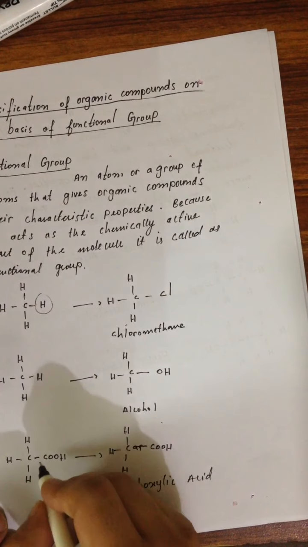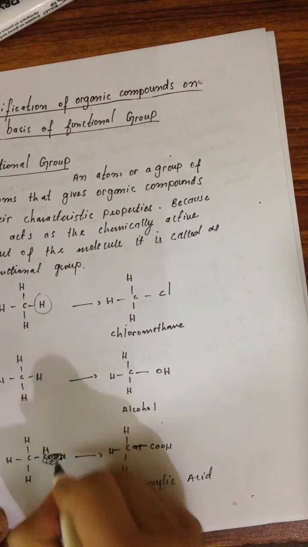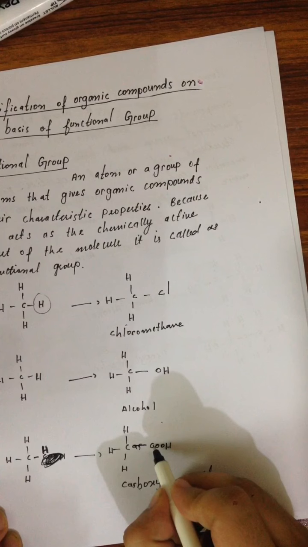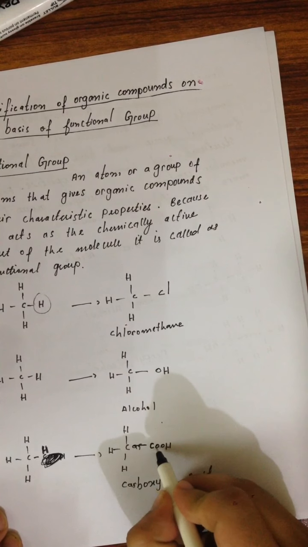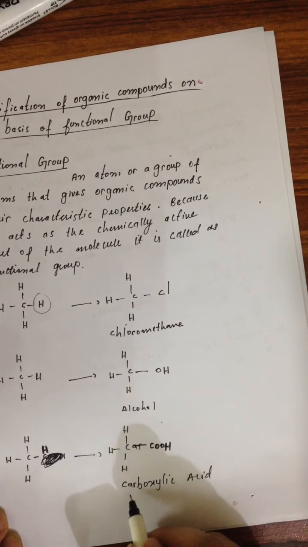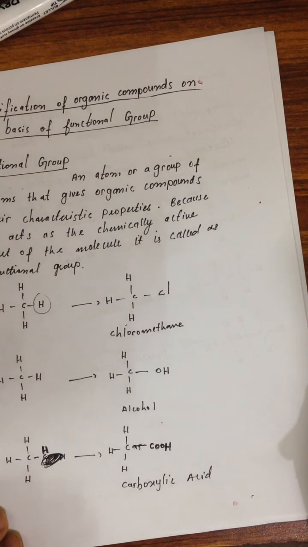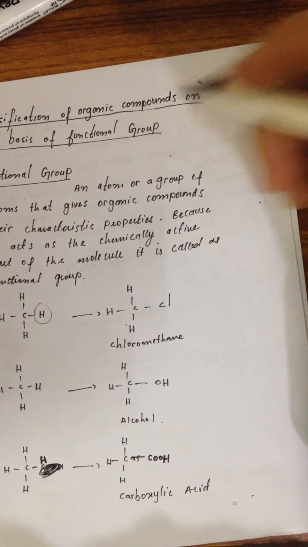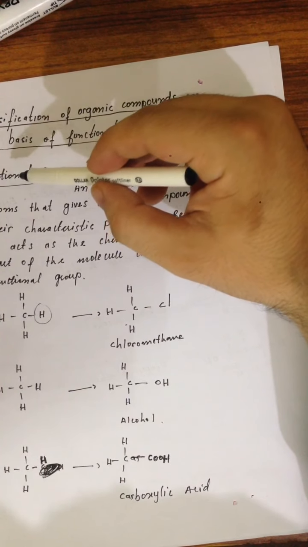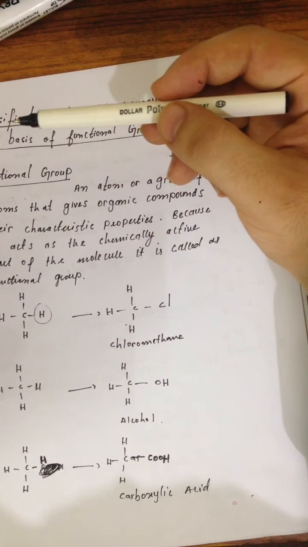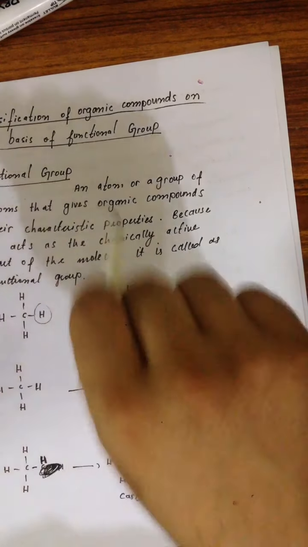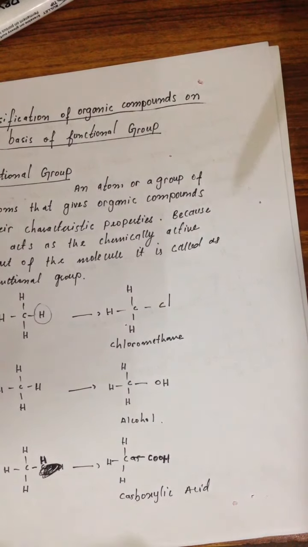And in the third one, you have replaced one hydrogen atom with this carboxylic group, so you will get carboxylic acids. This is another way of classifying organic compounds. This classification is based on the functional group, and we are going to discuss different classes of these organic compounds in the later chapters.